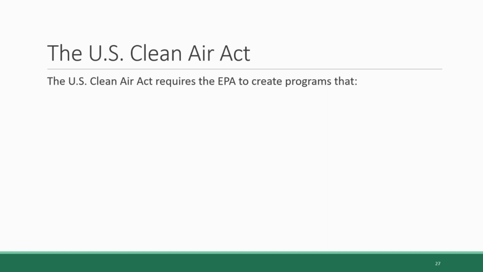For the US's part, compliance with the Montreal Protocol has taken the form of an amendment to a piece of legislation called the Clean Air Act, which we'll talk about in more detail later in this chapter.